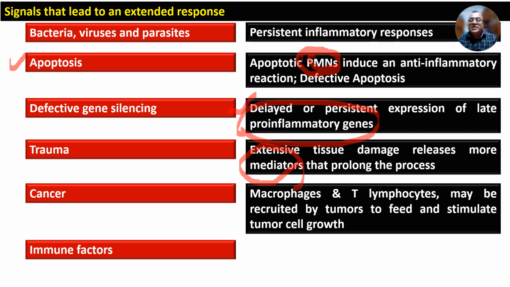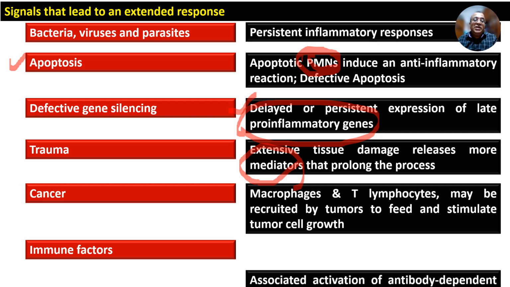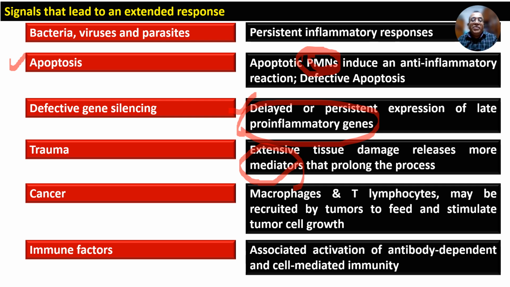Macrophages and T lymphocytes are recruited by the tumor to feed and stimulate tumor cell growth. Then there are some immune factors that are associated with the chronicity: the antibody-dependent and cell-mediated immunity that is activated.